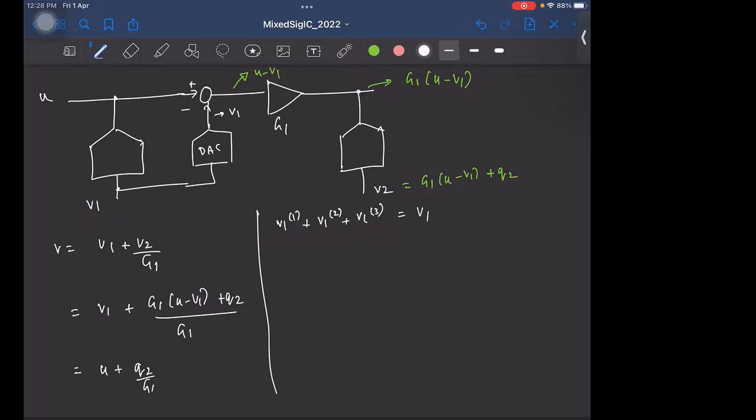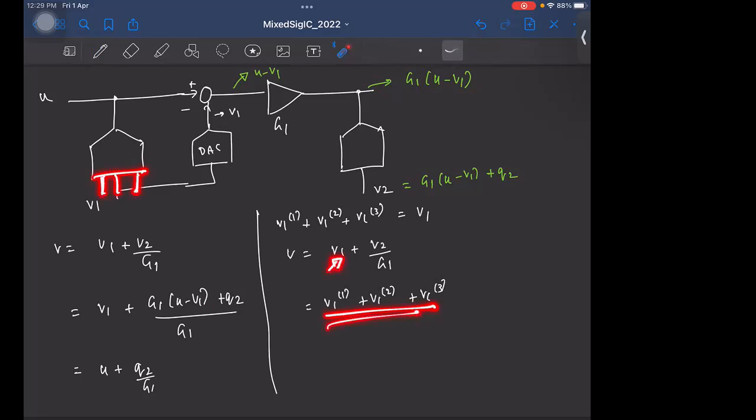So I'll write that here also. The same thing, V is V1 plus V2 by G1. And V1 itself, I'm writing it like this. Once again, I want to highlight that this is what we are doing from the ADC output. We get 3 bits from the first ADC, and we are summing the 3 bits like this to generate this V1.